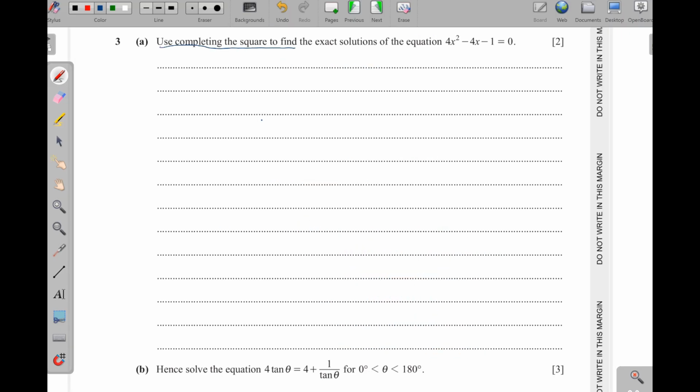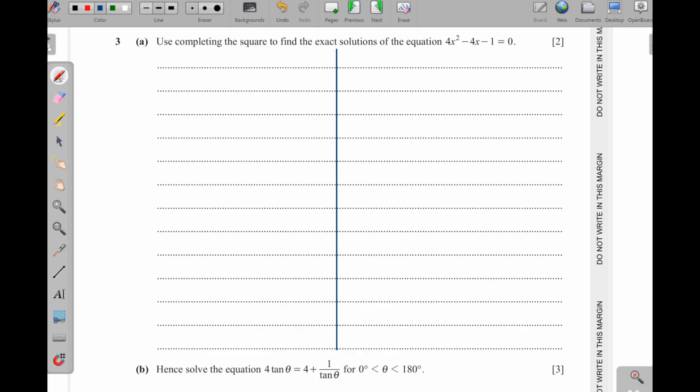Question 3, part A. Use completing the square to find the exact solutions of the equation 4x squared minus 4x minus 1. We can do this in two ways. Okay, choose the one that is simpler for you when it comes to completing squares.